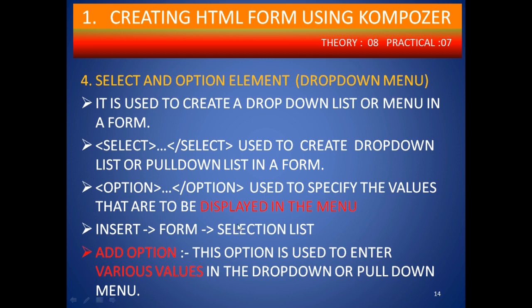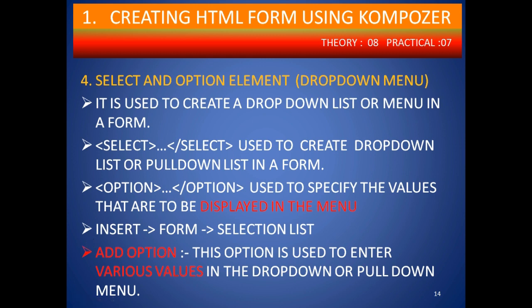a drop down list. Now in Composer you have to go to the Insert menu, Form, and Selection List. And there is one more button, that is Add Option. So students, this option is used to enter various values in the drop down or pull down menu. Using this option field you can write one value at a time, but suppose in the city list you want to add 10 cities or 20 cities, then you have to use the Add Option button.